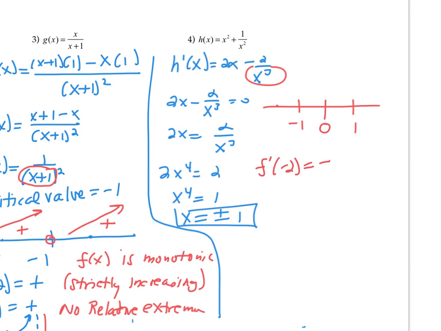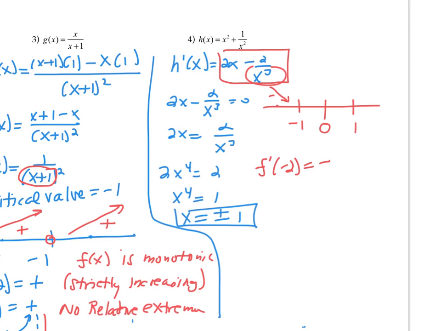So it would be 2 times -2, which would make it -4, and then minus 2 over -8, which would end up being +1/4. So you'd have -4 plus 1/4, so it would end up being negative. So on the interval from -infinity to -1, it's decreasing.